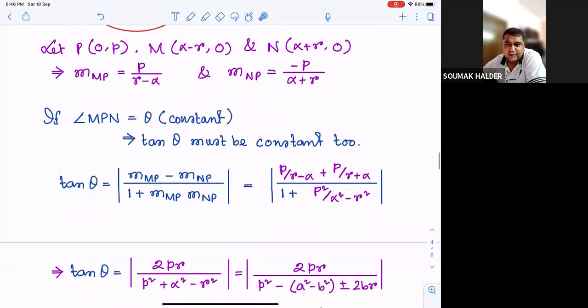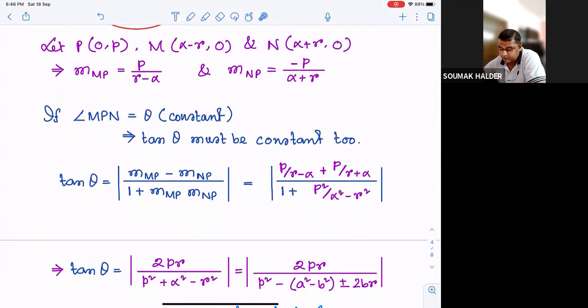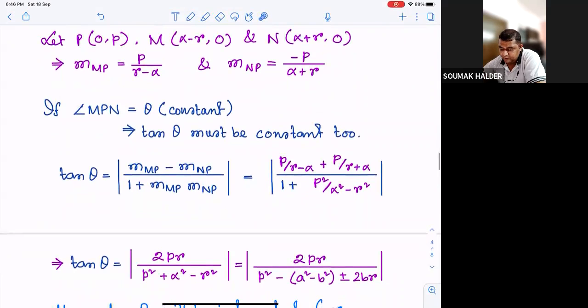Now with this idea, if we have this multiplication done, we get the numerator 2pr and the denominator p square plus alpha square minus r square. And as decided earlier, we have tried to replace this alpha square minus r square, as far as possible, by the constants. So we have substituted this form. Now, if tan theta is going to be constant, can it be dependent on r?